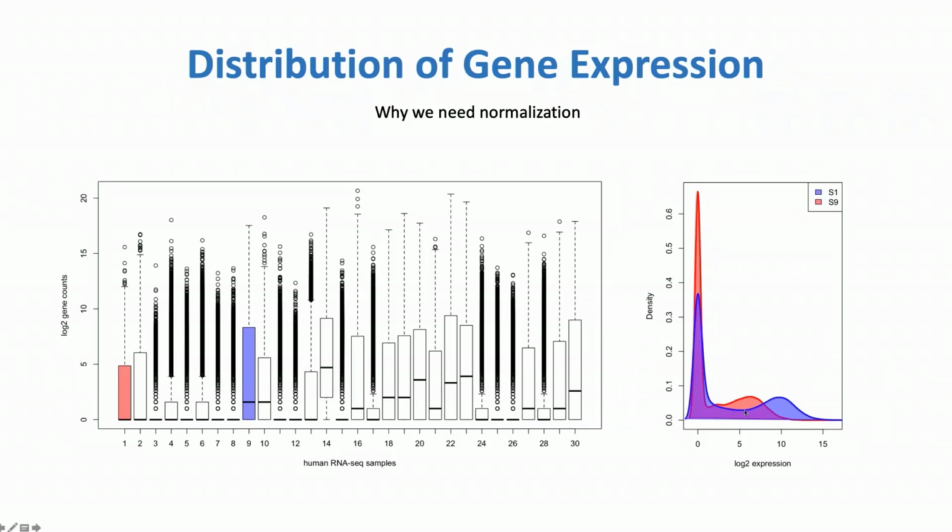So that is a problem for a lot of the downstream analysis that we're going to do, right? Imagine I'm interested in FOXM1, some random gene, and I want to know: is it expressed higher in sample 1 or sample 9?